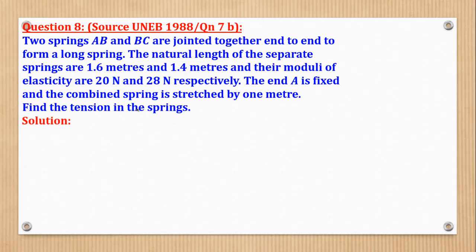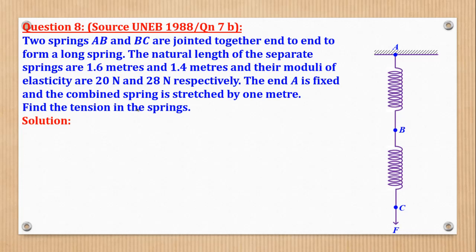So I need to make an illustration. So we shall have 2 points A and B. We shall have spring AB and also spring BC. They are stretched, so there is a force pulling. Let it be F. So this one has both original length and extension.